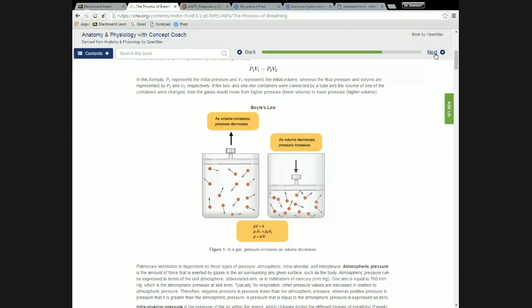Okay. So we could just as easily say 1 liter of air at 760 millimeters of mercury, decrease that to half a liter, you're going to double 760, what would that be, 1,520 millimeters of mercury worth of pressure. Okay. The pressure changes we're talking about for breathing are nowhere near that big.